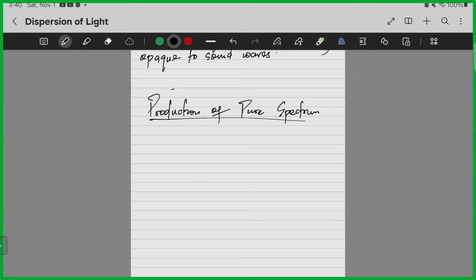For the production of pure spectrum, a pure spectrum contains monochromatic images only.